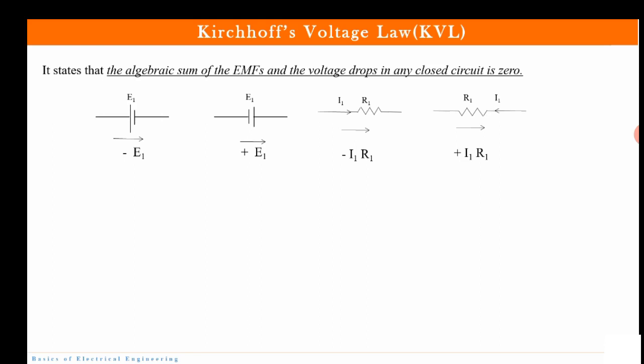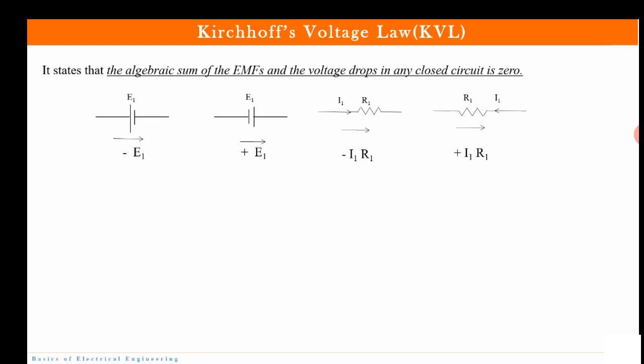Obviously we know that all the circuit elements consume some voltage, so there is always a voltage drop across all circuit elements. The voltage developed across any circuit element is known as voltage drop, and the voltage supplied by the active element is known as EMF. So E1 and E2, like V1 and V2, are known as EMFs.